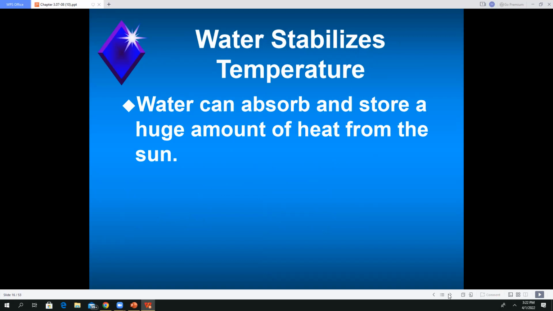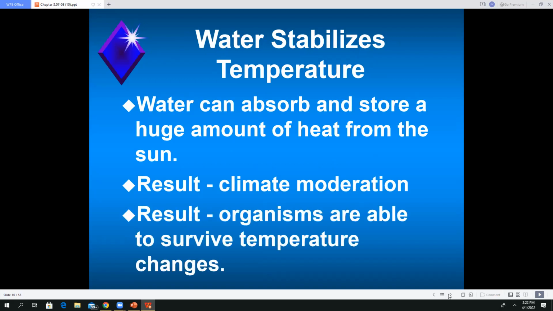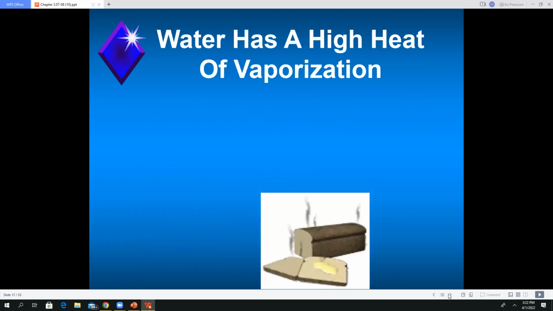The planet that we live on is livable because it moderates our climate. And organisms such as ourselves and everything else are able to survive those temperature changes because water moderates it.